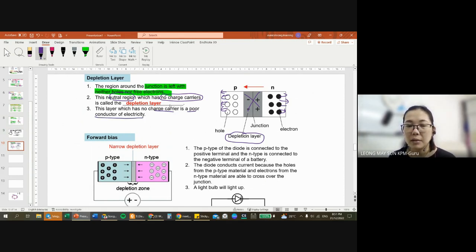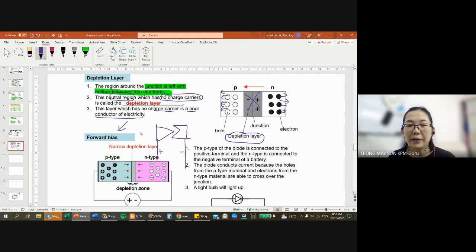Now, it's very important because we are going to go into forward bias and reverse bias. Last time in RBT, when you learned about this, you had to put the flag side inside the RBT. When you learn RBT, there's one part that looks like a flag, and the other part looks like the opposite direction. So the RBT teachers will always tell you, make sure the flag is connected to positive and the other side connected to the negative terminal.